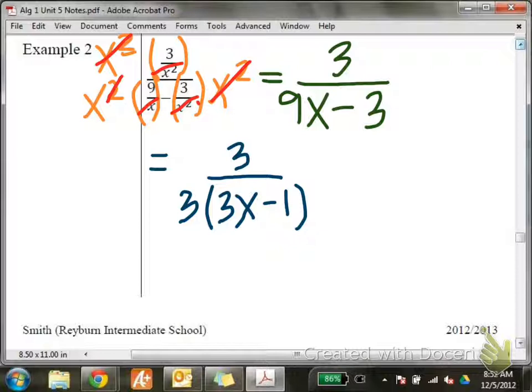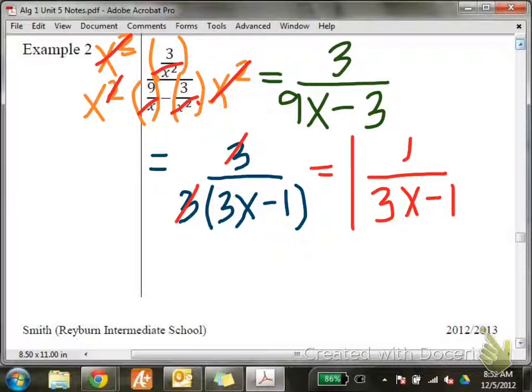Does anything reduce there? The 3's, good. So those 3's reduce. Now remember, if it's in the denominator, it has to stay in the denominator. So what is the placeholder in the numerator? A 1. Thank you. All over, what's left in the denominator? 3x minus 1. And that's your answer.